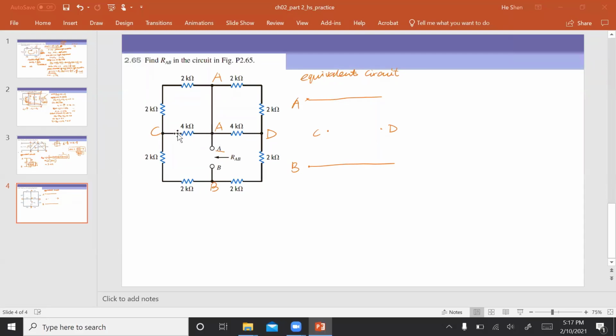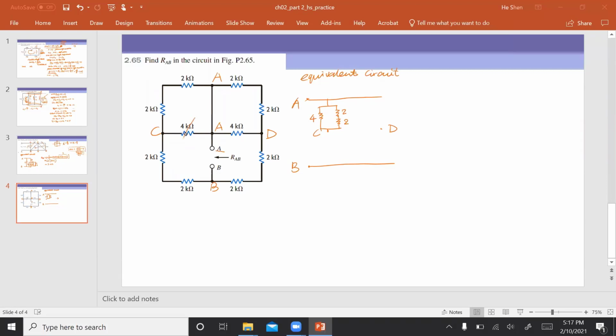Between A and C here, I have two branches, right? One is a 4K, the other one is a 2 and 2 in series, and this is 4. So between C and B, how many branches?